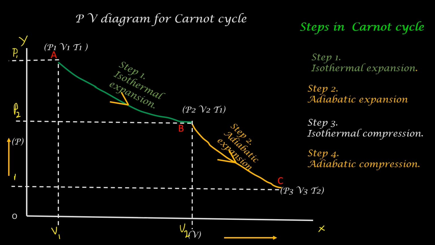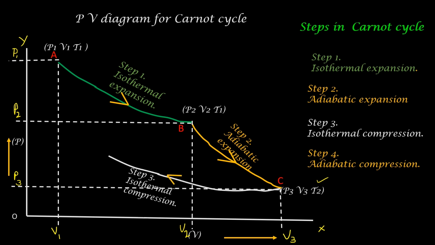Let us mark P3 and V3. Temperature is T2. The third step is isothermal compression. Please note the direction of the graphical representation. D is the final point of step 3. Volume decreases to V4. Pressure increases to P4. Temperature remains constant at T2. Let us mark P4 and V4.